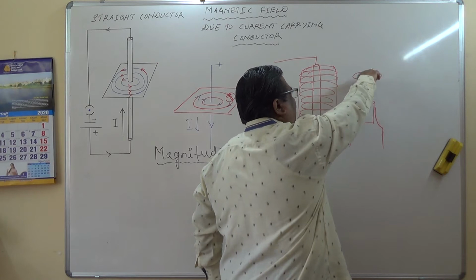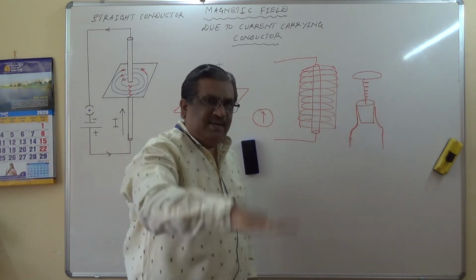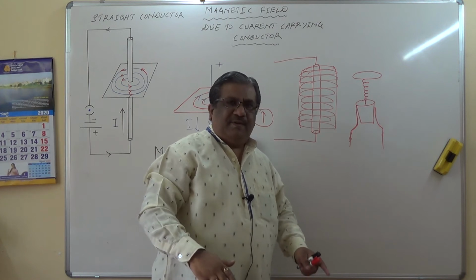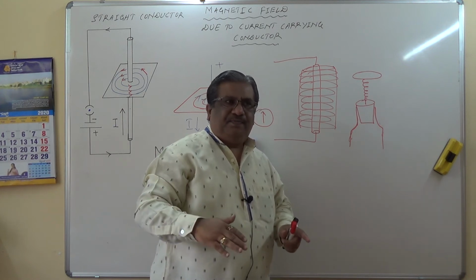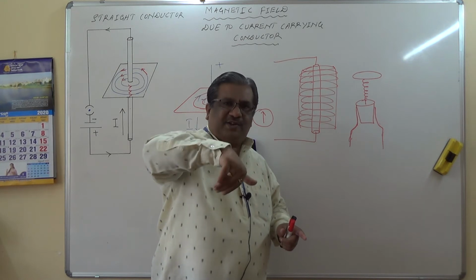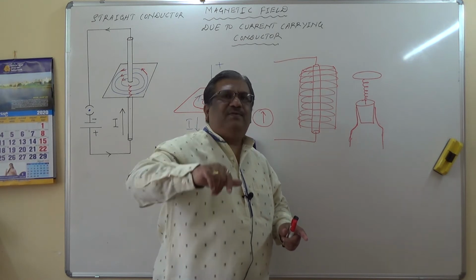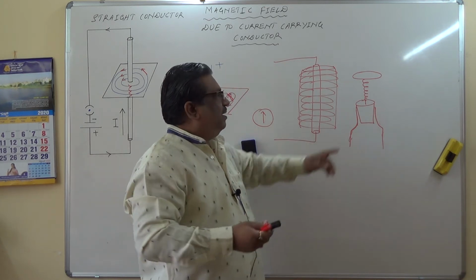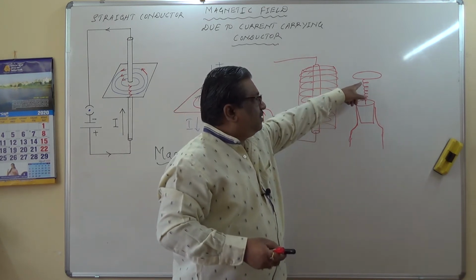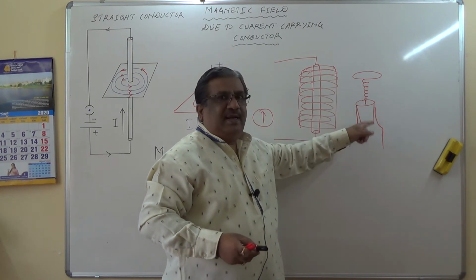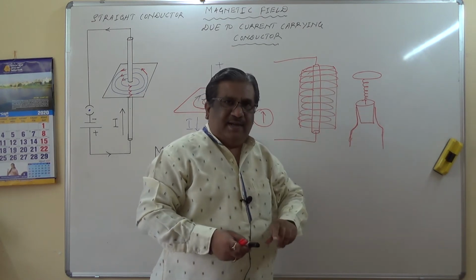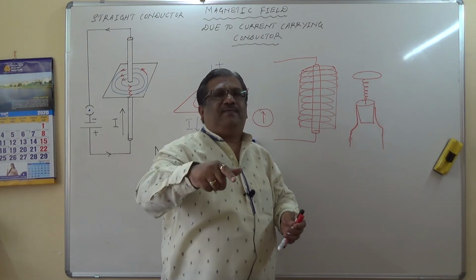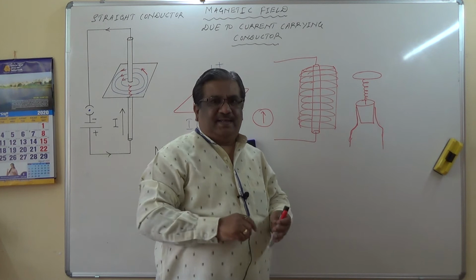If this screw is driven inside the cork, then the direction of rotation gives you the direction of field lines. That means if the screw is driven inside in the direction of the current, then the direction of rotation of the screw gives the direction of magnetic field lines.